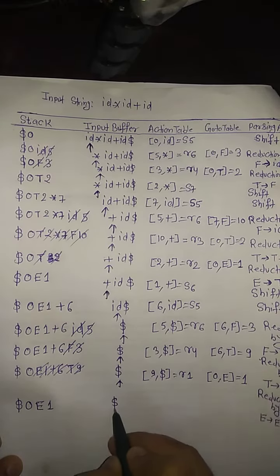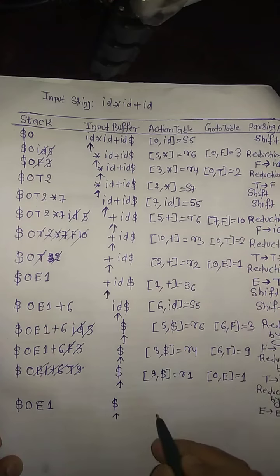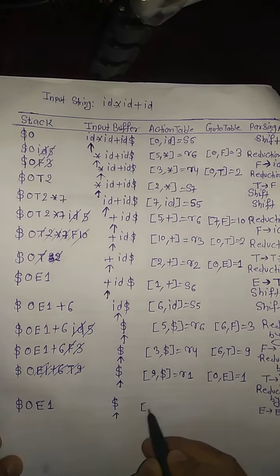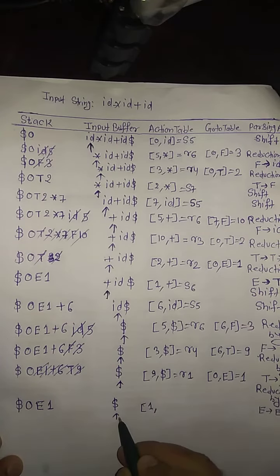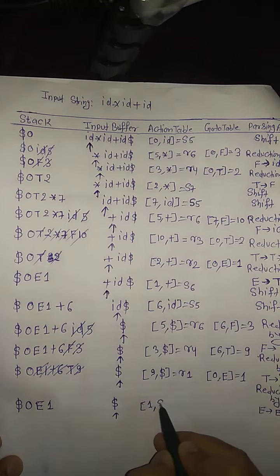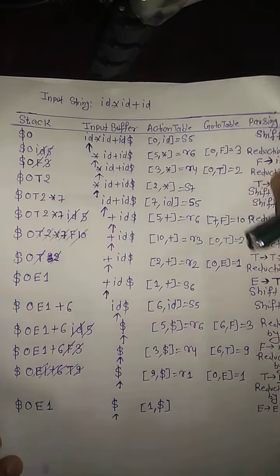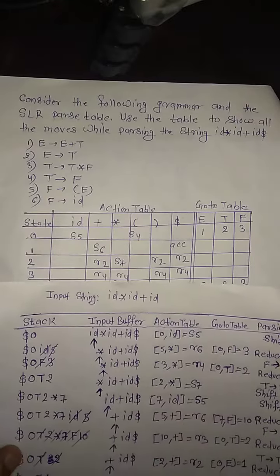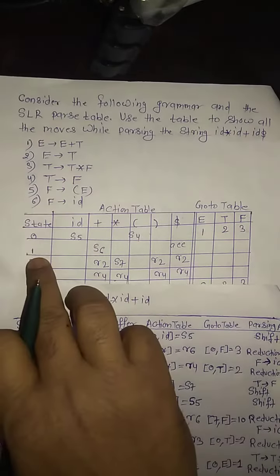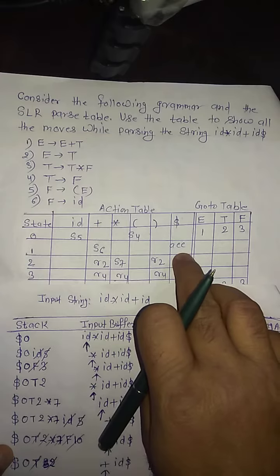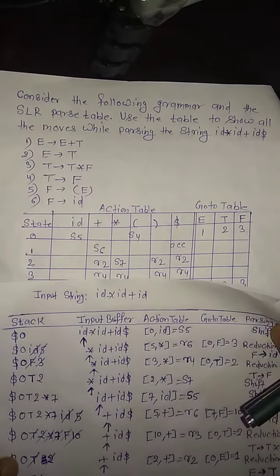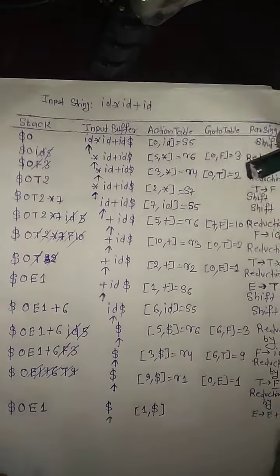Now what is the top of the stack? So top of the stack is 1 and the input pointer points to the dollar. So you write here dollar. It means I1 row and dollar column. So you see I1 row and dollar column we have accept.